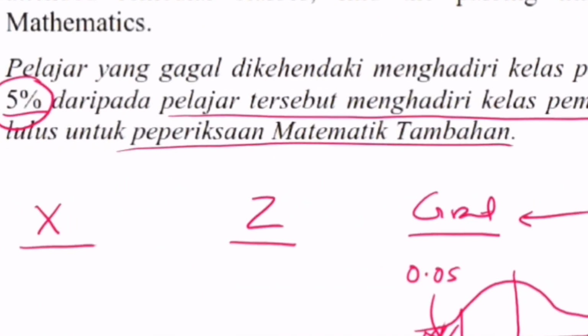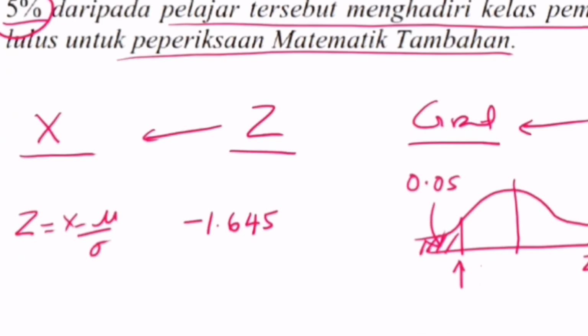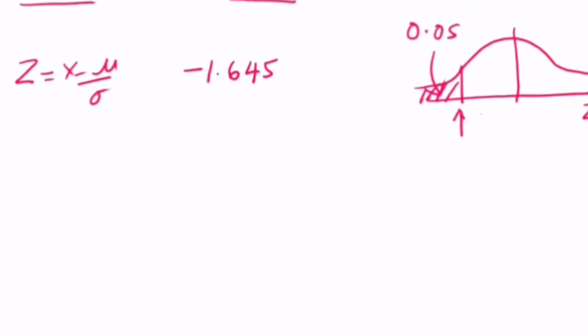Can you understand? I repeat again. We got negative 1.645 and the z is a negative value because it's to the left. Then we have to convert to x-score. What's the formula for z-score? Equal to x minus mu over standard deviation. Standard deviation is given, mean also given.